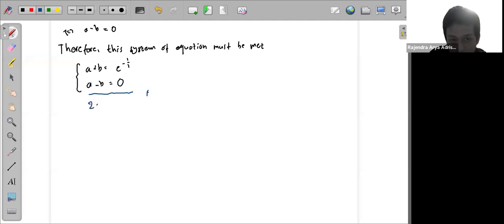It gives me 2a. So I have a is this thing here, right? And from here, because a minus b is 0, we have that a equals b. Wait, let me write it, b equals a. And because we have found a to be this, then b must be the same value.